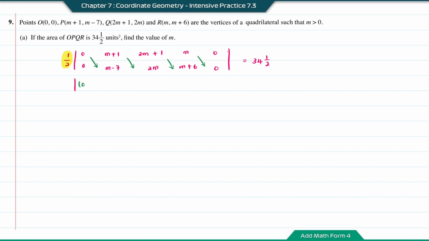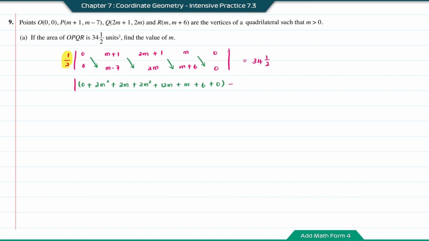And m plus 1 times 2m, we're going to get plus 2m squared plus 2m. And 2m plus 1 times m plus 6, expand this, you're going to get 2m squared plus 12m plus m plus 6. And the last one, m times 0, this will be just 0.